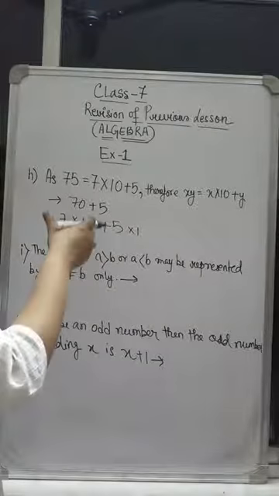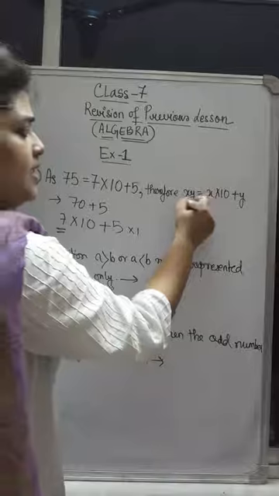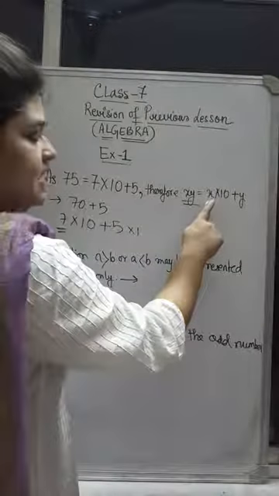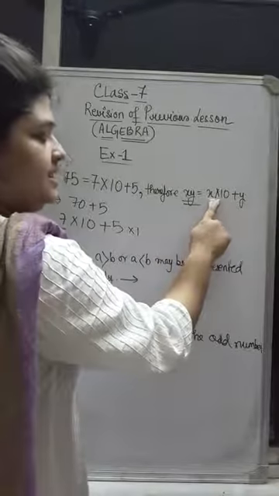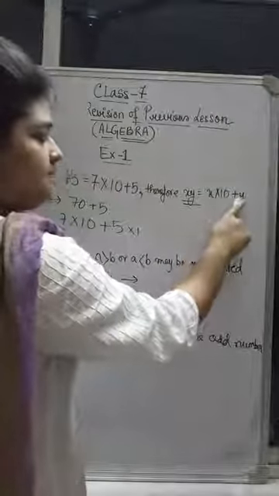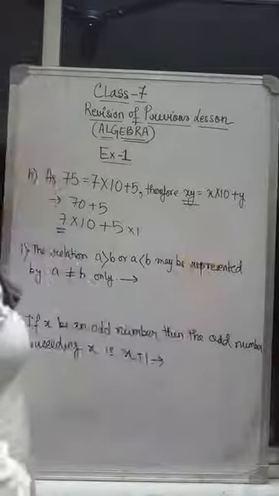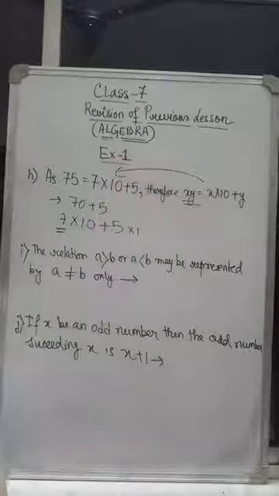But can you apply the same form in algebra? That means xy means, since the first digit is x, it is in the tens place, so you can write it as x into 10, plus y is in the units place. So can you write like this, x into 10 plus y, just like the arithmetic form?